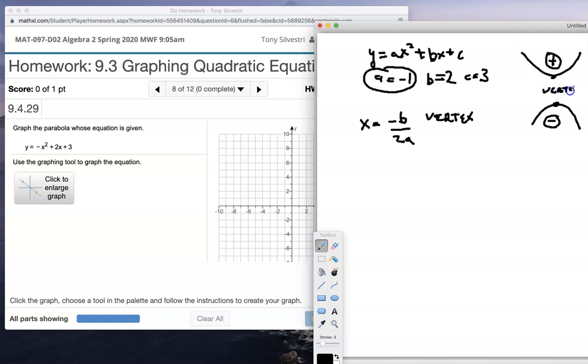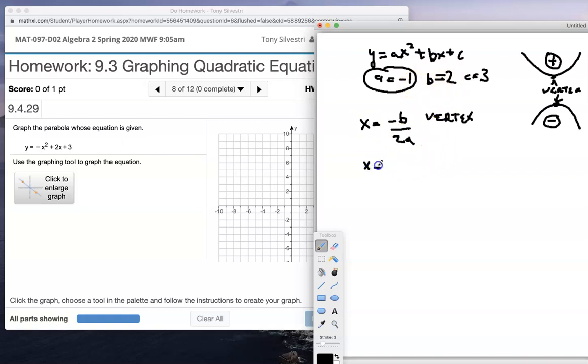The vertex is the most important point. It determines where this curve needs to be placed on the graph. This equation tells you that the vertex is located at this x. Let me plug in those values.